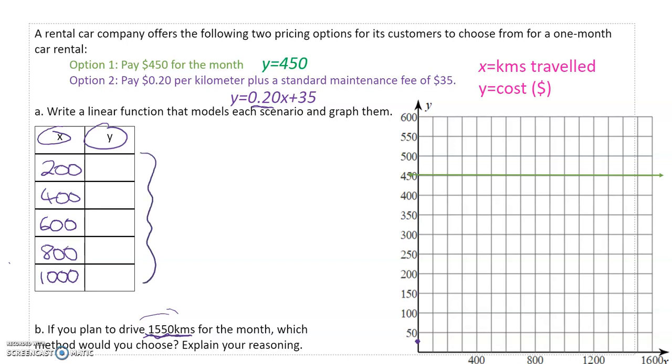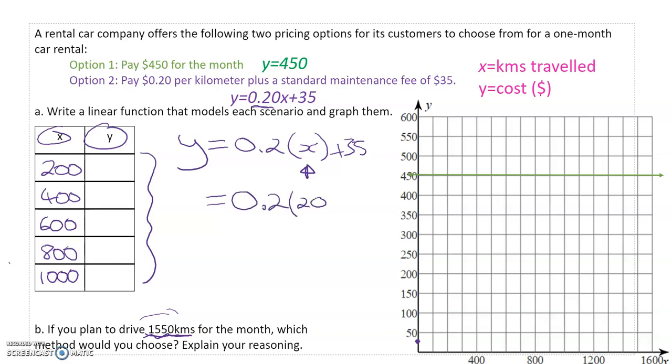You need to substitute each x. So we know that y equals 0.2x plus 35. Instead of x, we're going to put 200, then 400, etc. to find our values. So for 200, it's 0.2 times 200 plus 35, which is 75.